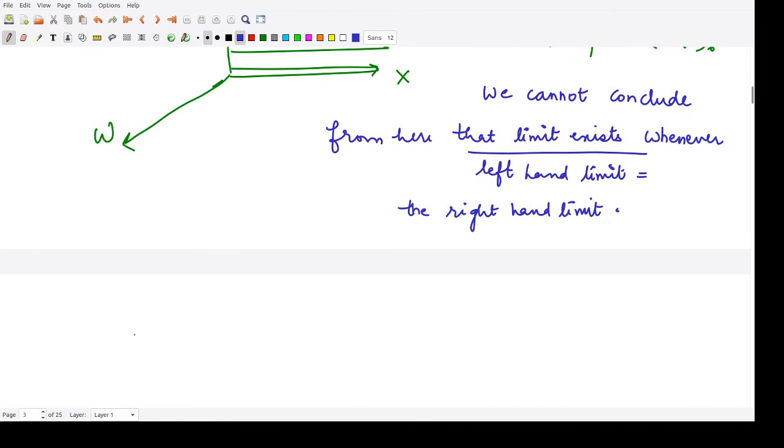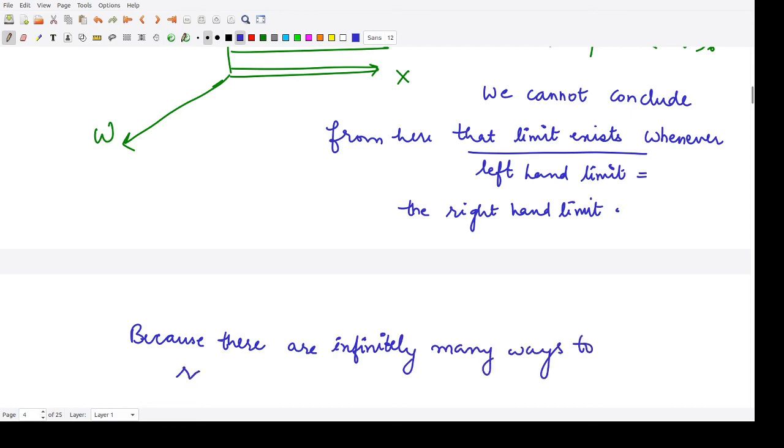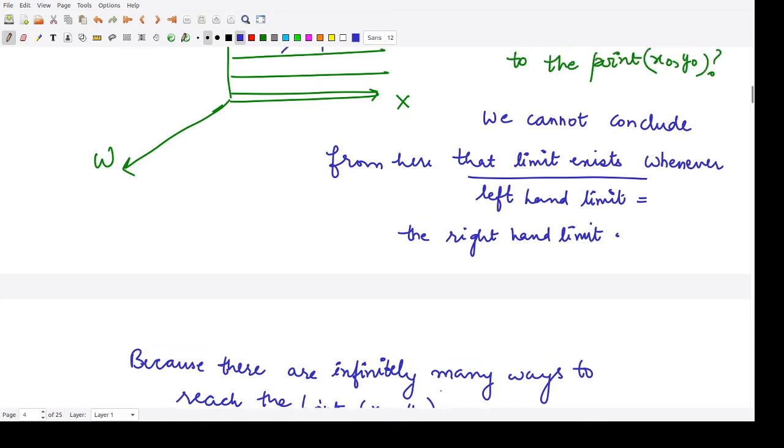Why? Because there are infinitely many ways to reach the point x naught comma y naught.